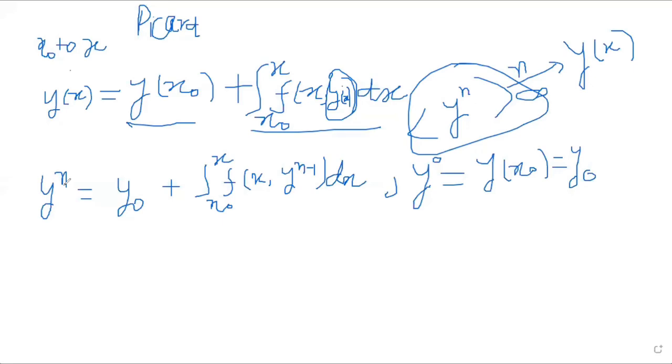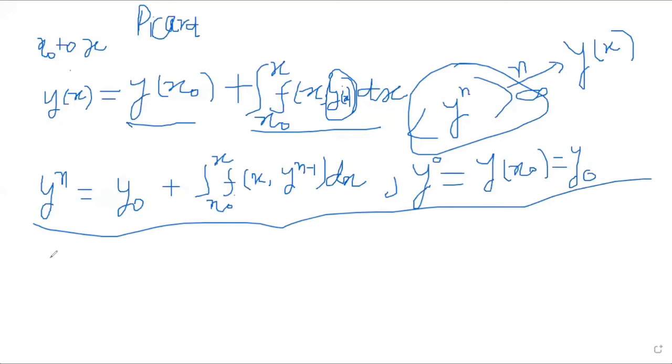So basically, what we are doing, we are approximating the function f(x, y(x)) by another function in the interval x naught to x. Am I right? Or if we just come back to Taylor's method.